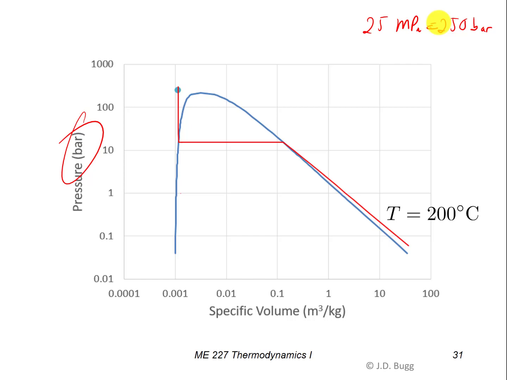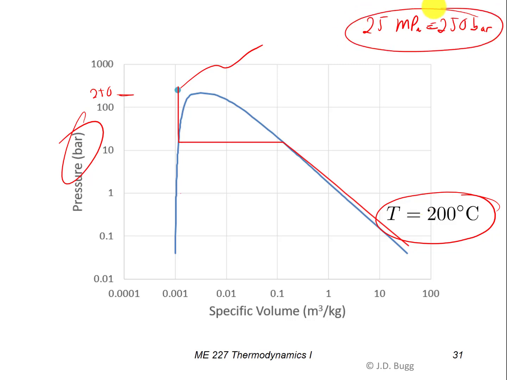Well, 25 megapascals and 250 bar is this blue dot that I plotted here. So this pressure here is 250 and it's on a line of constant temperature, the red line at 200 degrees C. So that blue dot is 25 megapascals, 200 degrees C, the point we're interested in.